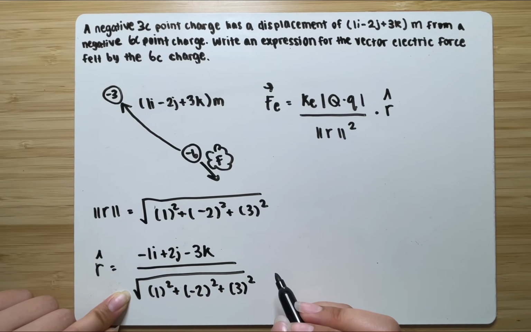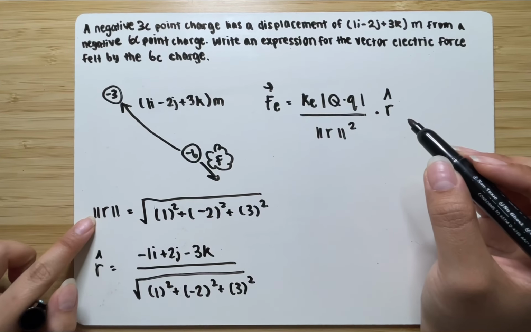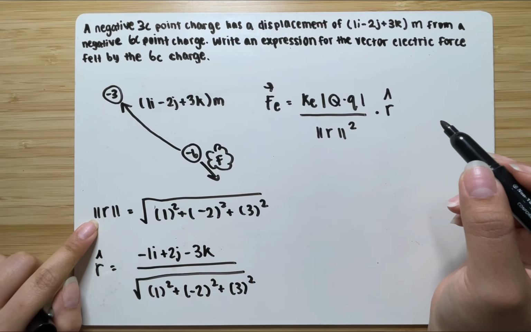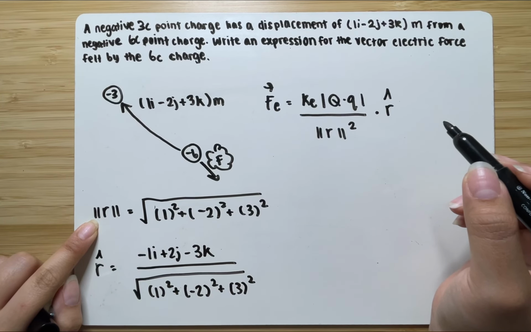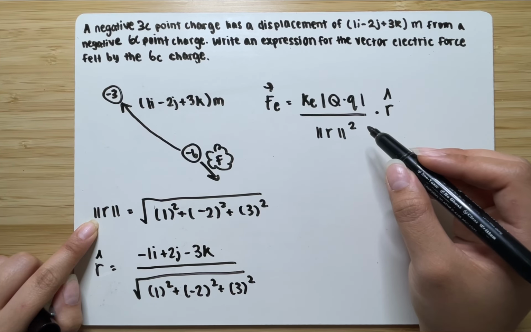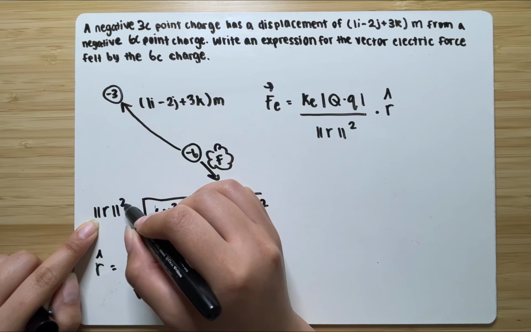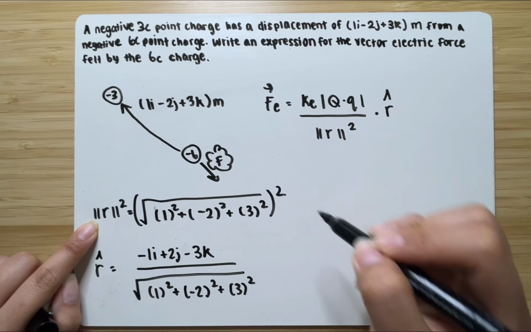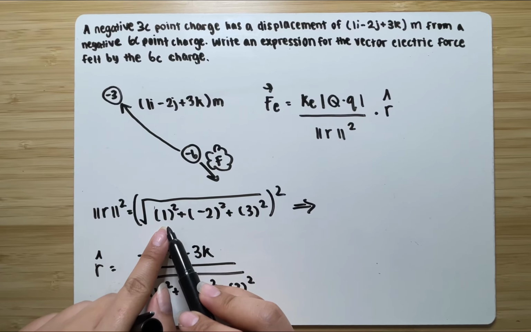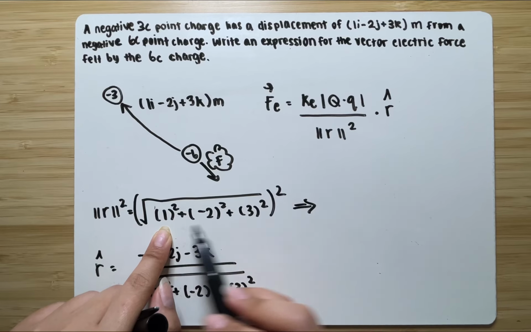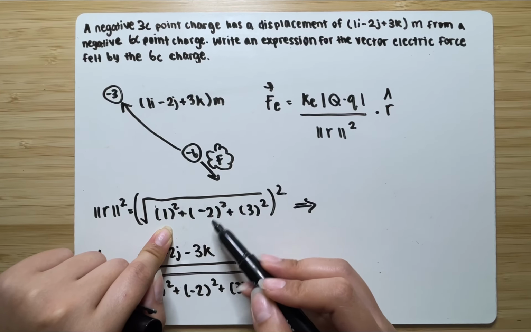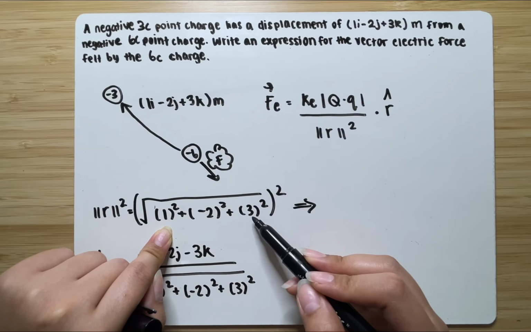So we have the magnitude. We have the unit vector. We need to find the magnitude squared. Magnitude squared is just this squared, which means that you're going to square this. Now we can simplify this because we just have to find whatever this is and clean it up a little bit. 1 squared is 1, negative 2 squared is 4, and 3 squared is 9.